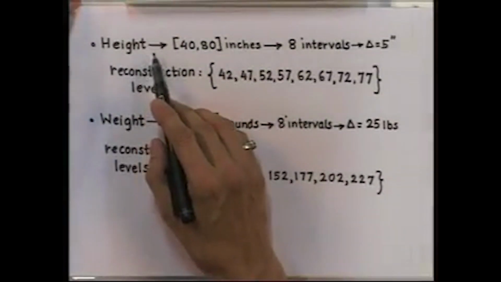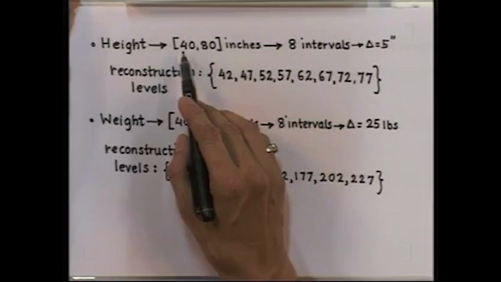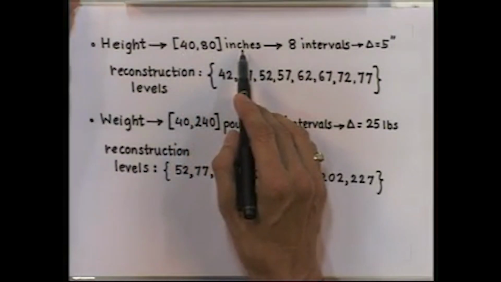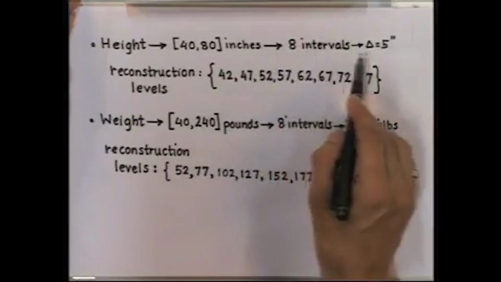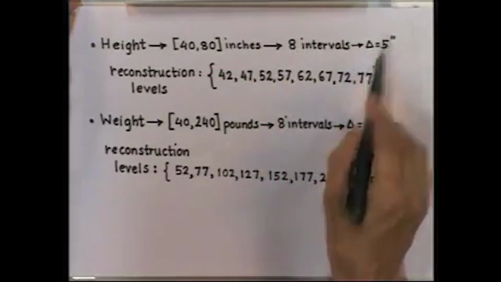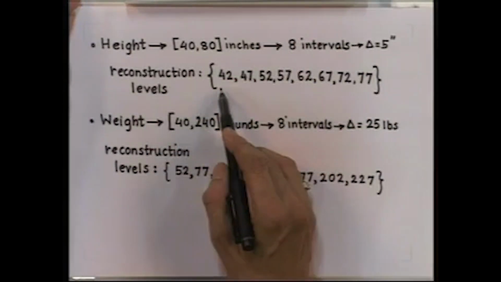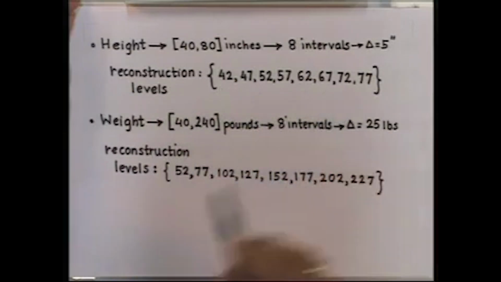height with the range between 40 to 80 inches and 3 bits of quantization will give us 8 intervals with the step size of 5 inches. So, the reconstruction levels are indicated here.